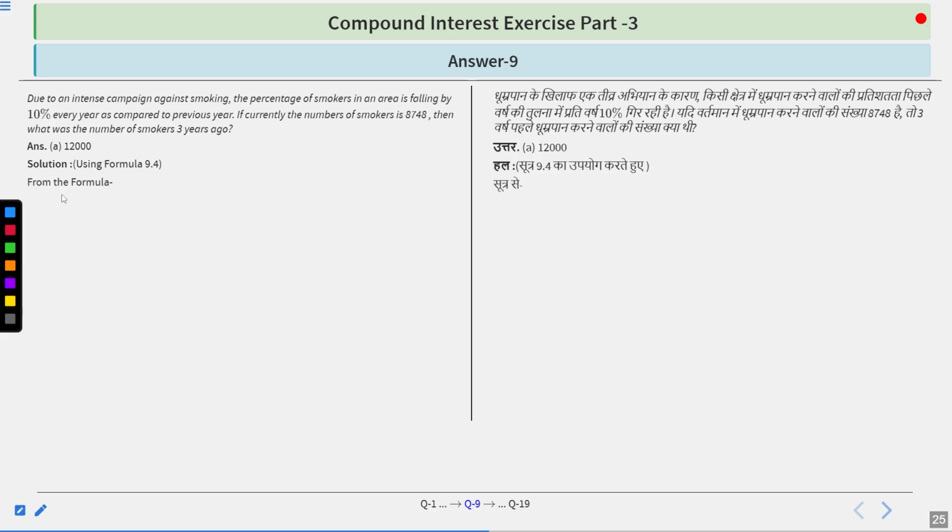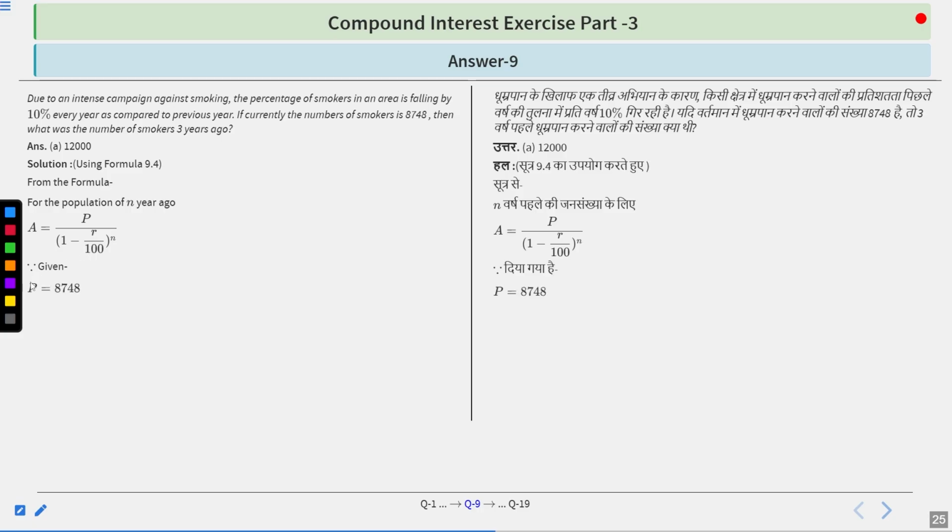So from the formula, for the population of n years ago, A is going to be equal to P upon 1 minus R upon 100, whole power n, because there was a decrease as the percentage was falling. So we have put 1 minus R upon 100 power n in the denominator.